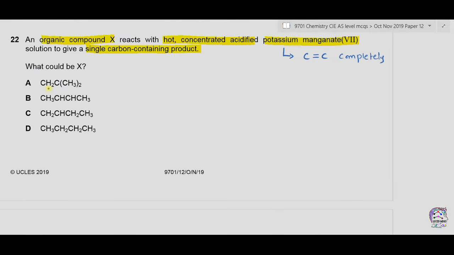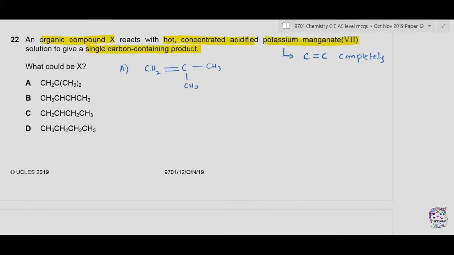Let's look at the options. In A we have CH2, carbon, and then two methyl groups attached to the second carbon atom. So A will be like this. There is a double bond present between the first and second carbons.